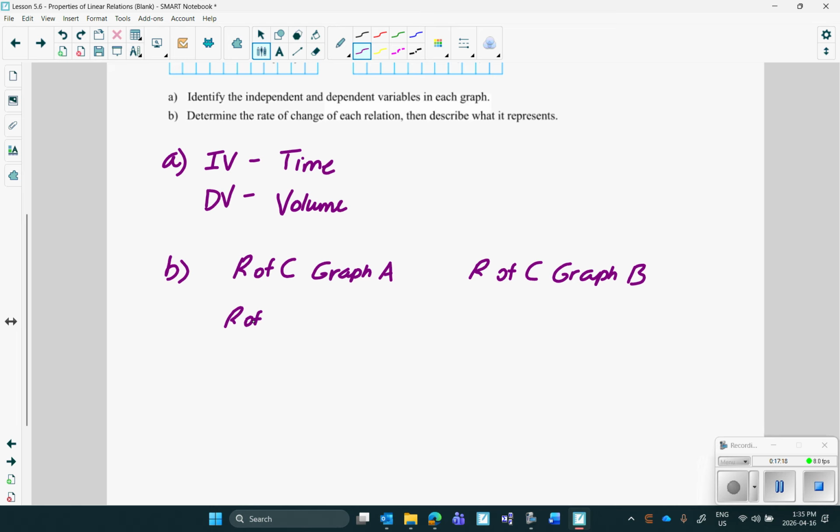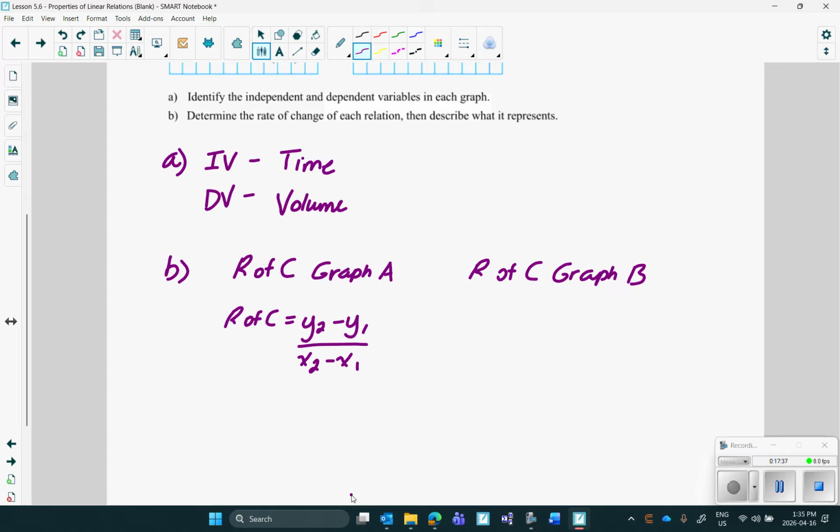Rate of change equals y2 minus y1 over x2 minus x1. Same as the slope formula, because we agree that it is the same as slope. We just use it in a different context.